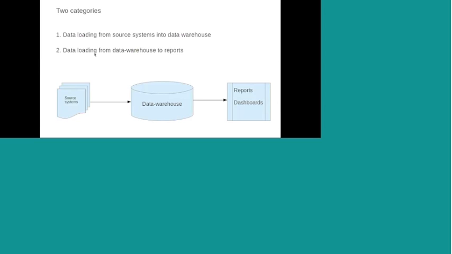Let's talk about performance bottlenecks. There are two categories: data loading from the source system into the data warehouse, and data loading from the data warehouse to reports. This is how I see it.